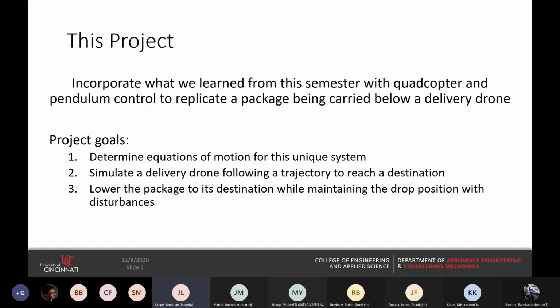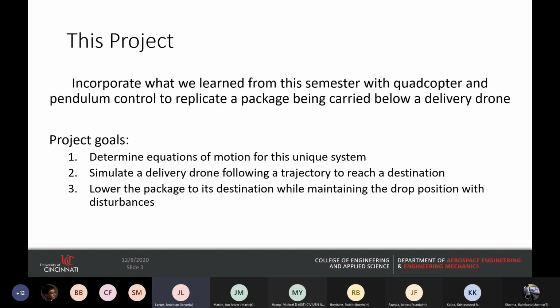So what we chose to try and do was use what we had learned from modeling a quadcopter and doing different pendulum control to replicate a package being carried below a delivery drone. Our goals were to define the equations of motion for this unique system, and then simulate the drone carrying the package and following a trajectory, where the quadcopter is the part that's following the trajectory.